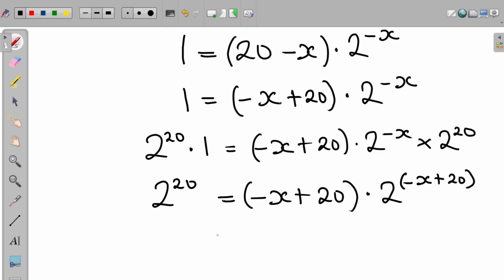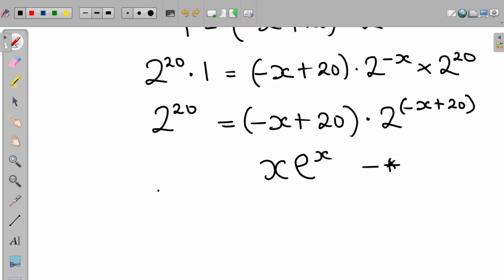Now, recall that for us to apply the Lambert W function, our equation must take the form x multiplied by e to the power of x. So at this point, we can manipulate, but we know that e to the power of ln 2 is equal to 2.